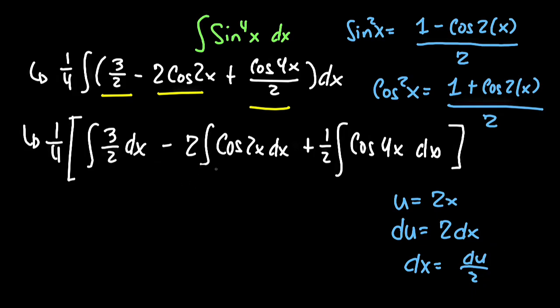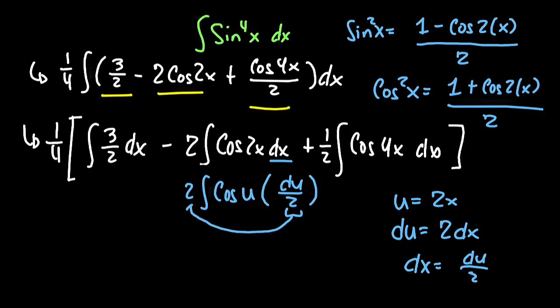So we can substitute this. This would be cosine of u, and dx right here would be equal to du over 2. So with that, putting outside 2, this would be 2 over 2, which will cancel, integral of cosine of u du.